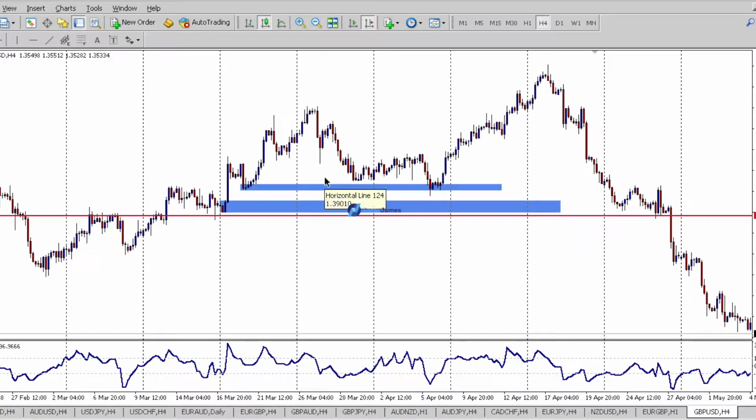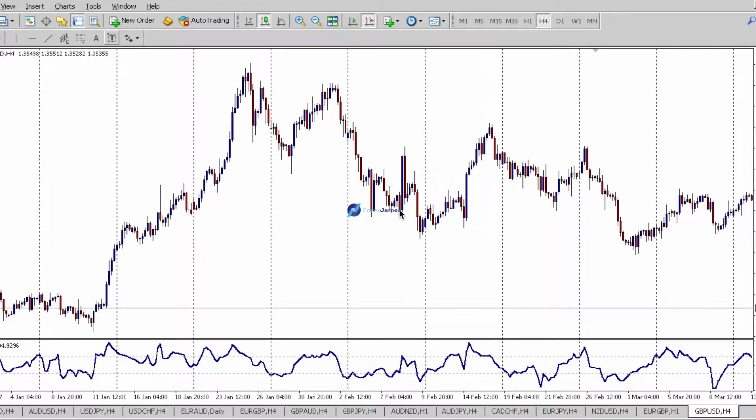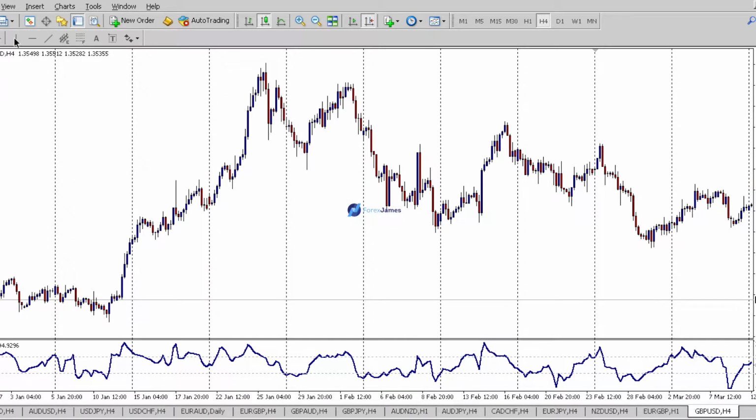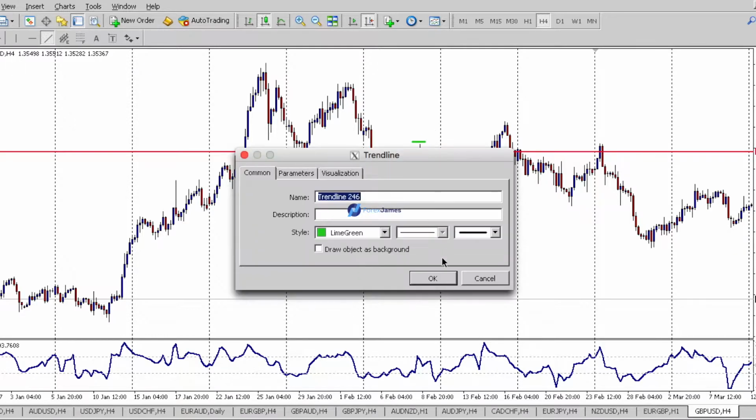Let's take an example for a short trade. Here's a good example. As you can see here, this is a PRZ, basically support turned into resistance. If someone had just placed a sell limit order here, he would probably place the stop loss somewhere here, and he would get stopped out.